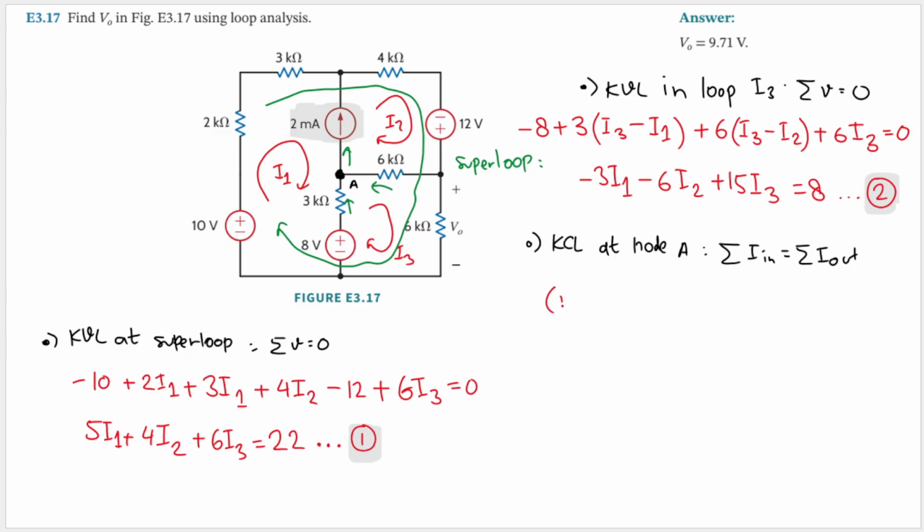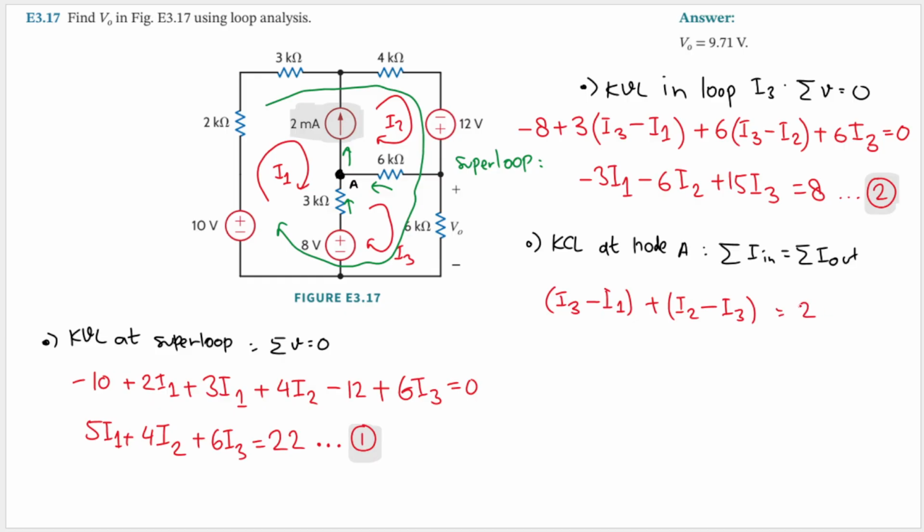So we will have (I3 minus I1) plus (I2 minus I3), and all of that equals this current here, which is 2.